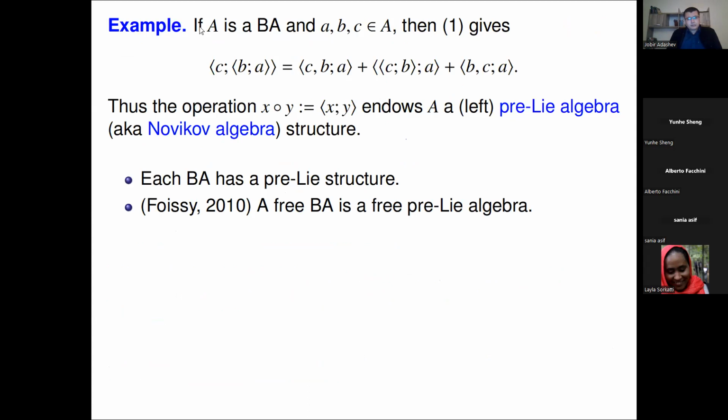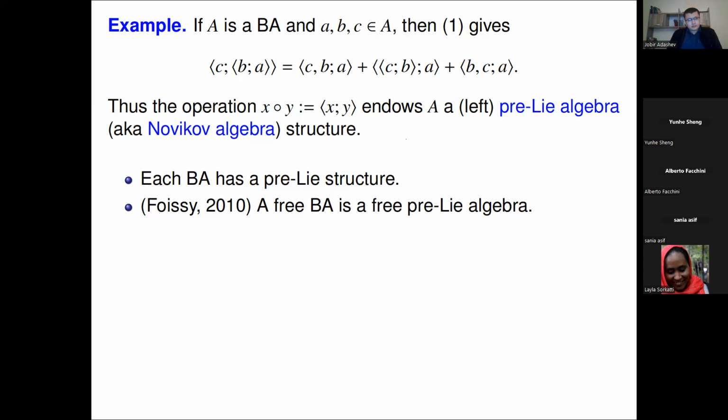Another example: if A is a brace algebra and we consider the binary operator, then the compatibility condition gives us this identity. Now if we put x circle y equals just this binary brace operator, then we get a Qiuhui algebra. It's also known as Novikov algebra.